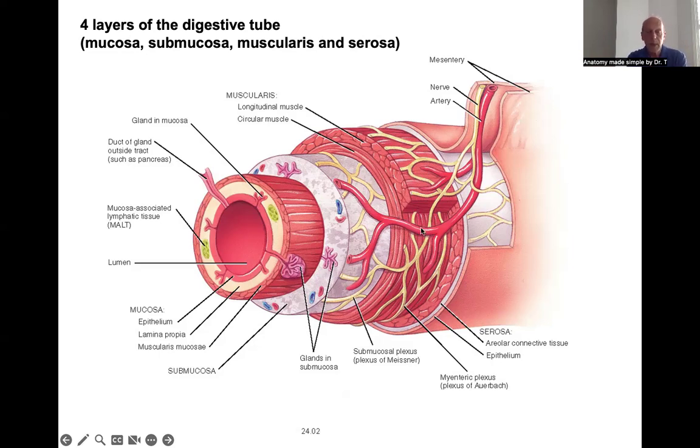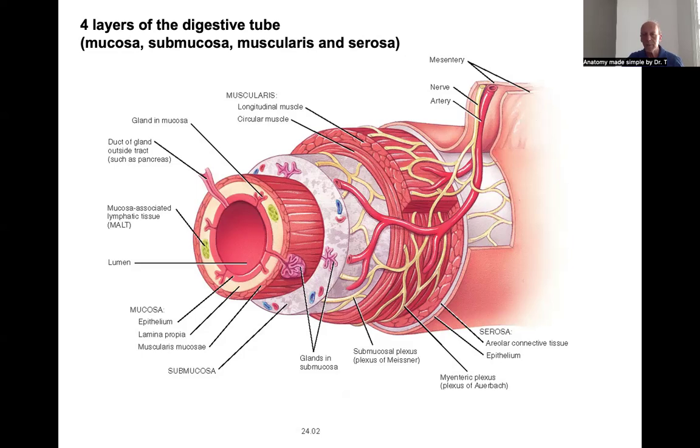So with Auerbach's plexus and Meissner's plexus, now we can say basically that is what makes the so-called enteric nervous system. Enteros is a Greek word practically denoting digestive tube.